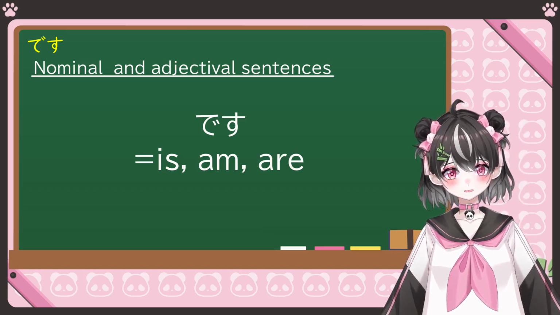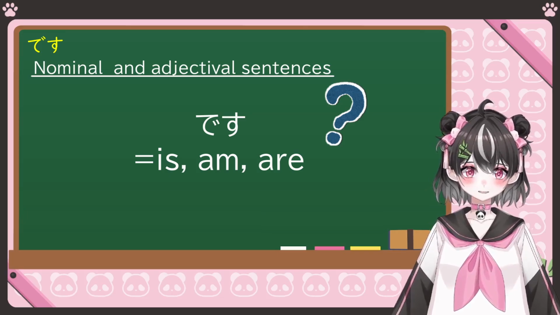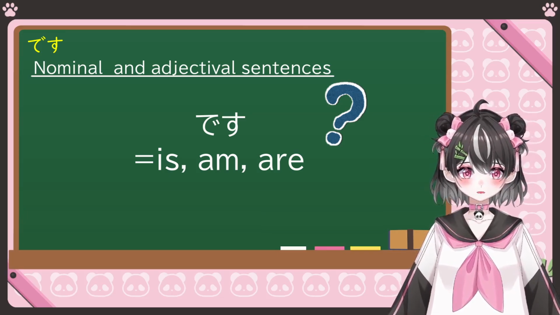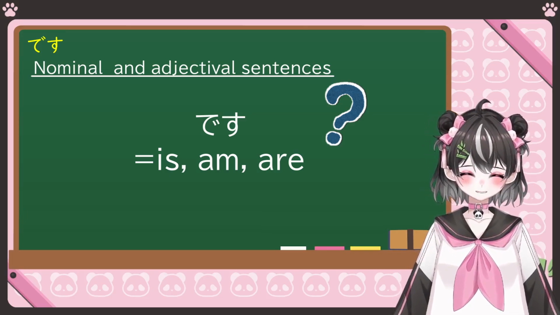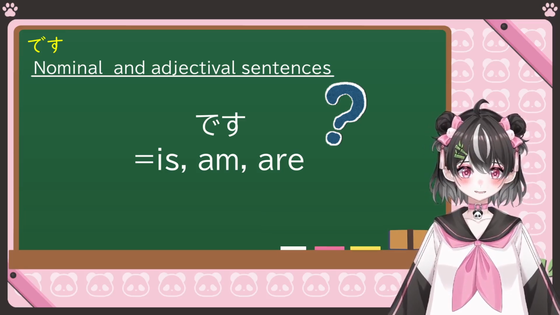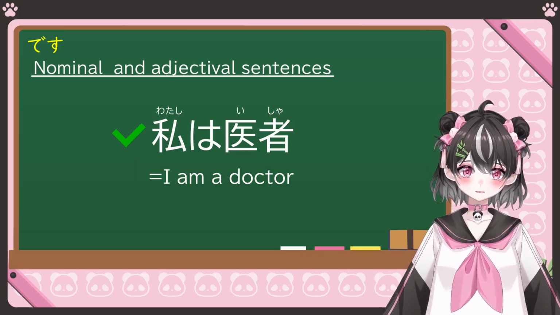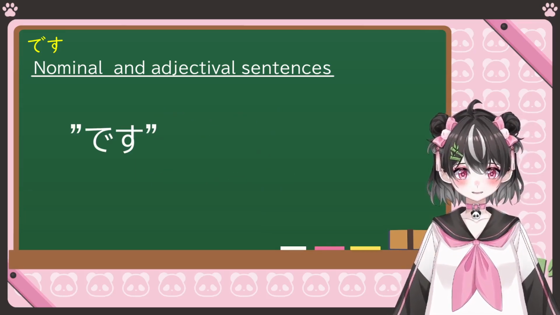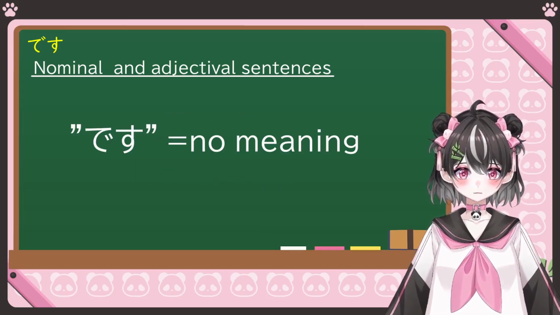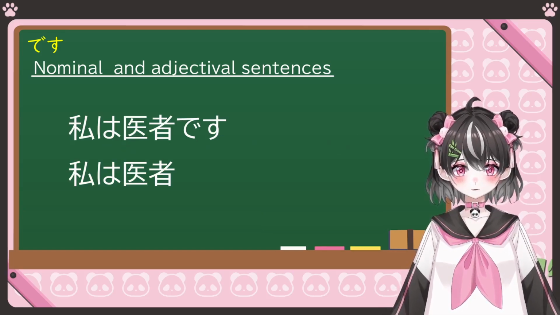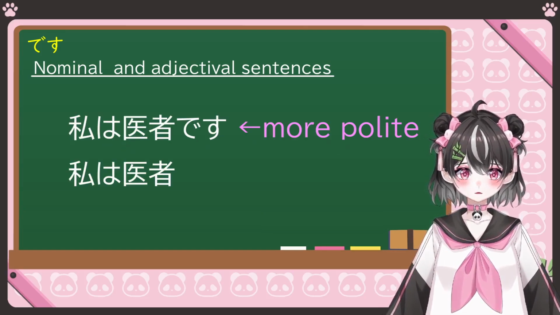But I don't think that's accurate. Because as I explained before, Japanese sentences can function without this, like 私は医者。So this itself doesn't have a special meaning, it just makes nominal and adjectival sentences more polite.